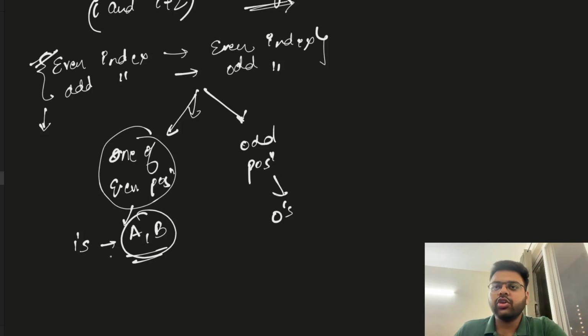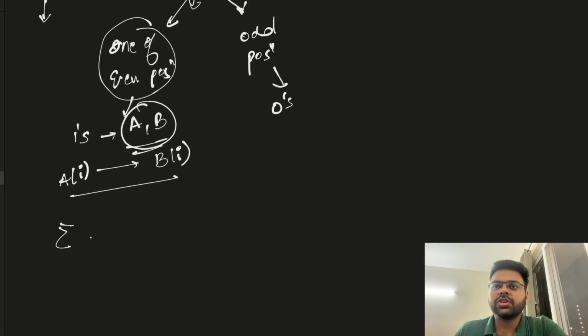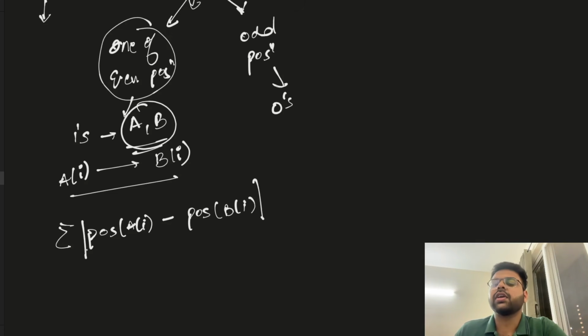And when you are moving some A of i-th to the B of i-th position, what would it be? It would simply be the summation of the absolute value of position of A of i minus position of B of i, and this would always be divided by 2, right?